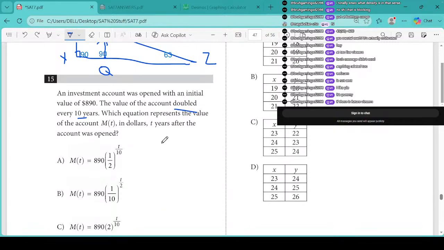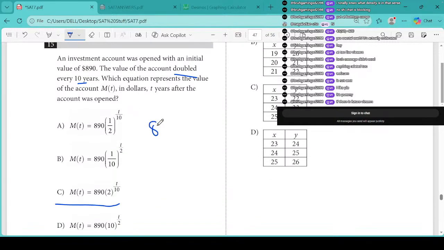One way you can check it is because you know it will be doubled every 10 years. So double of 890 is 1780. You just substitute 10 into the equation and see if you get 1780. Don't recommend doing that, but if you're absolutely clueless on exponential equations, just do it.